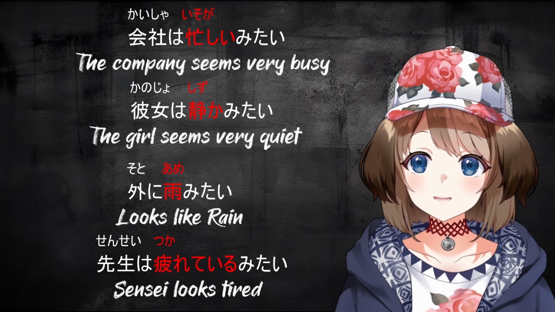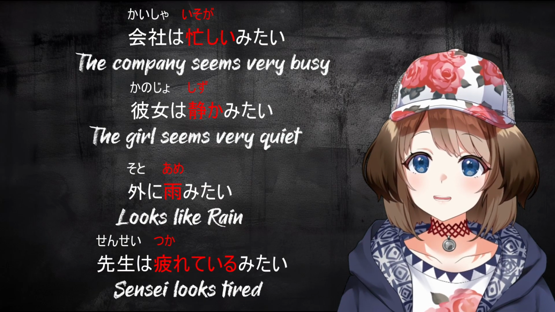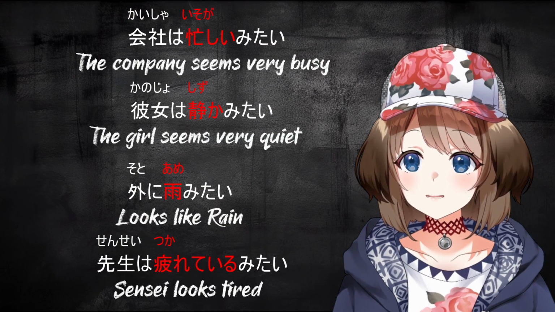As I said, that makes this mitai unit very, very versatile. So let's start by defining the rules for use that are going to apply to this style of mitai sentence.